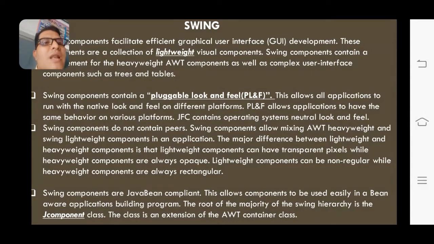So lightweight components can be non-regular while heavyweight components are always regular. Your lightweight component can be a non-regular shape and your heavyweight component is a regular shape. So it can be identified in your smartphones, Android based operating systems, your apps. If your app is not in a rectangular shape, it is in a somewhat rounded rectangle shape, hence it is a lightweight component.